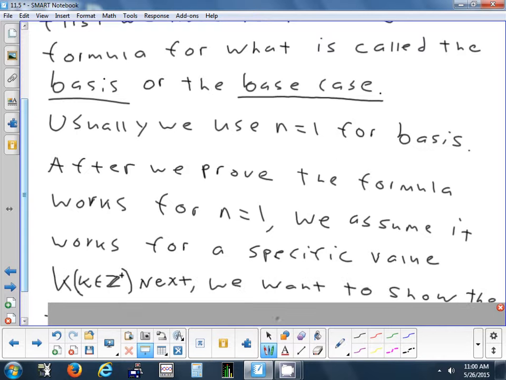So we're just going to assume that it would work up to a particular value of k, where k is a positive integer. Even if it didn't work, you at least know that it works for one value, because you're going to check that. So you have your starting point.